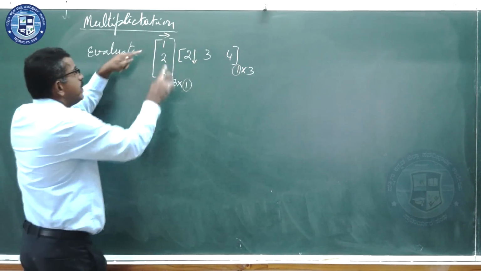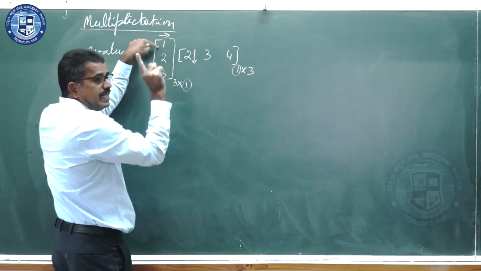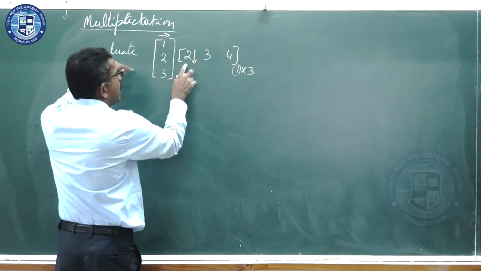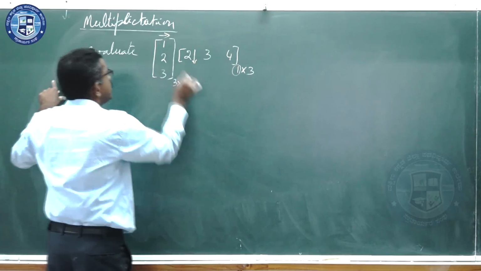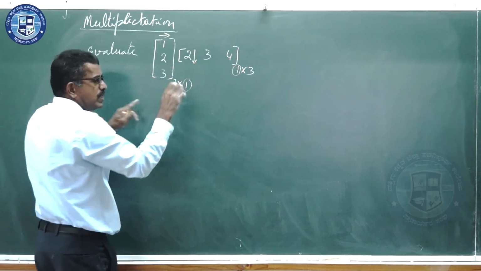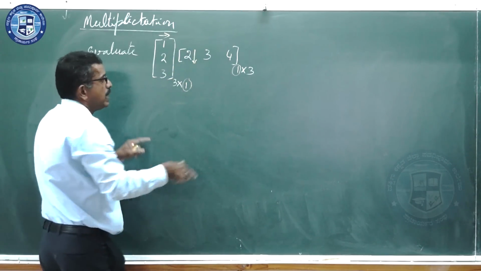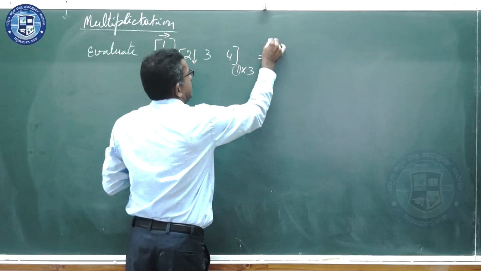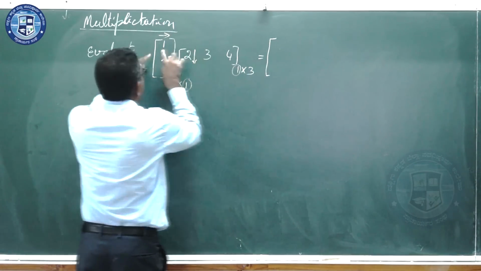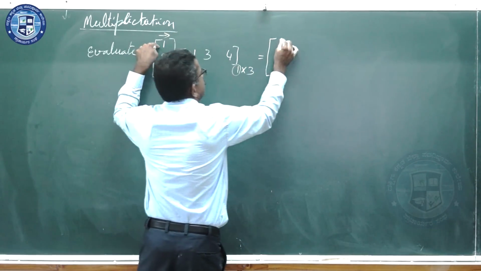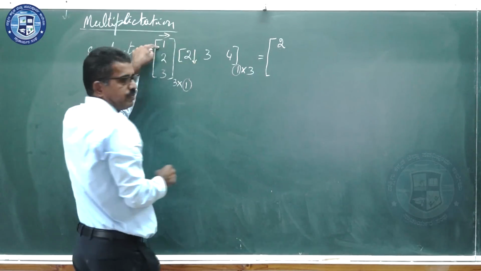The first row has only one entry, 1, and the first column has only one entry, 2. Therefore you multiply 1 with 2, there is nothing to add. The first entry will be 1 into 2, it is 2.